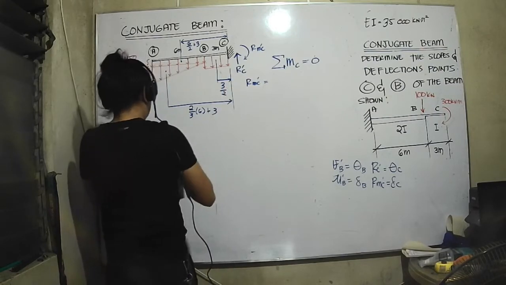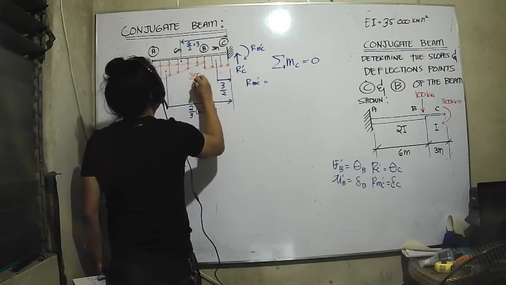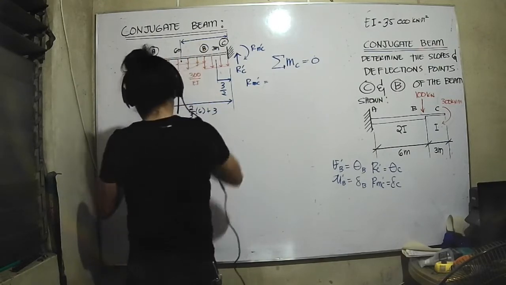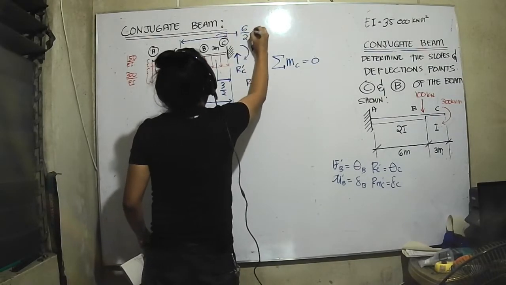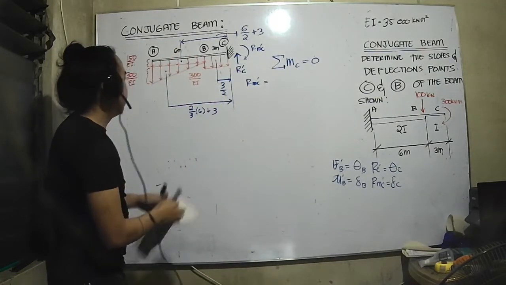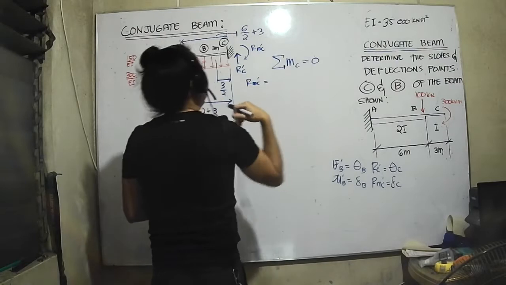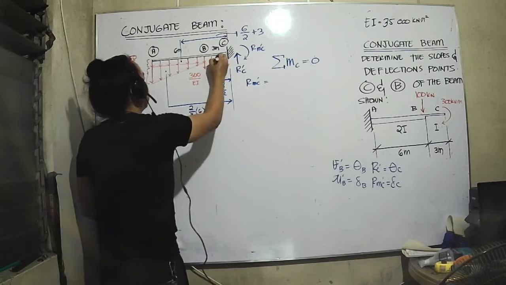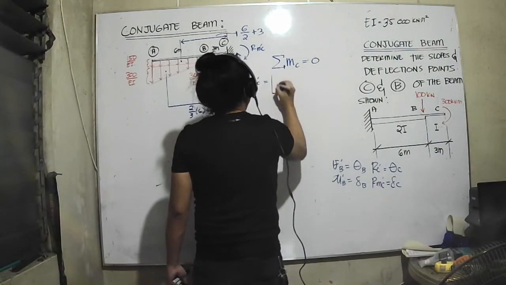Either case, I just rewrite the intensity, which is equal to 300 over EI. I hope that is clear, 6/2 plus 3. So RMC prime is equal to all of these. First, the area of the triangle, the most difficult one: area times moment arm.